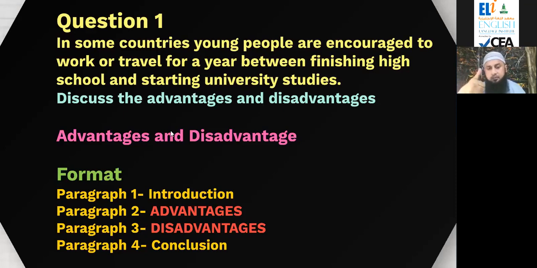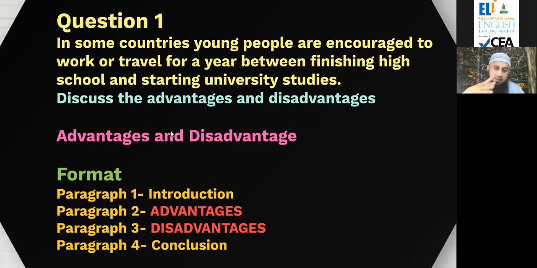Introduction first, then advantages, all advantages, if there are more. Then disadvantages in second body paragraph, like third paragraph total. The last is conclusion. So you write introductory paragraph, 3 to 4 sentences. Don't make it lengthy. Then advantages, 70 to 80 words, maximum 90.